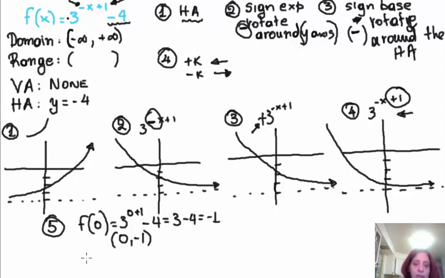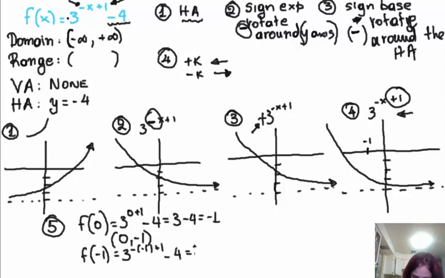Let's find one more point. The best point to find is where you have your angle. The angle is on this way, so let's choose x equals negative 1. And I will find the value for negative 1 in order to determine my point. So I have 3 to the negative of negative 1 plus 1 minus 4.